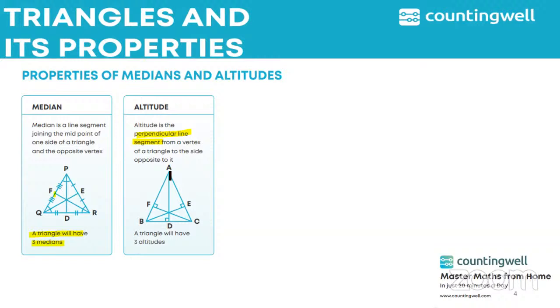That's why we have angle ADB equal to 90 degrees. Similarly, angle AFC equals 90 degrees and angle BEA equals 90 degrees. So we have AD, CF and BE as the altitudes of triangle ABC. So a triangle has three altitudes.